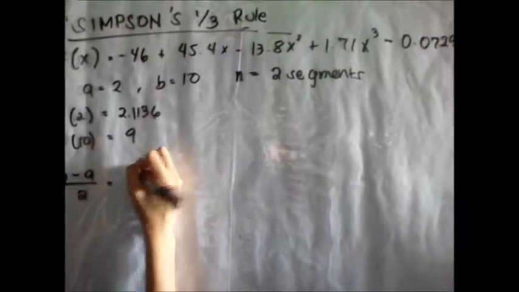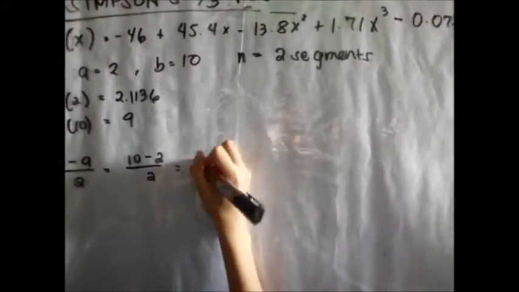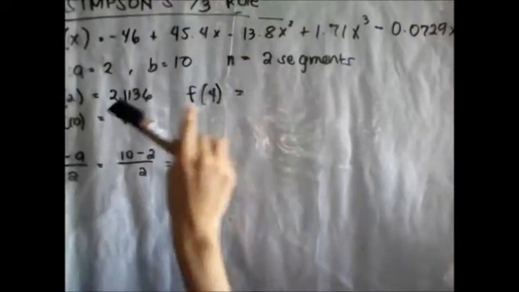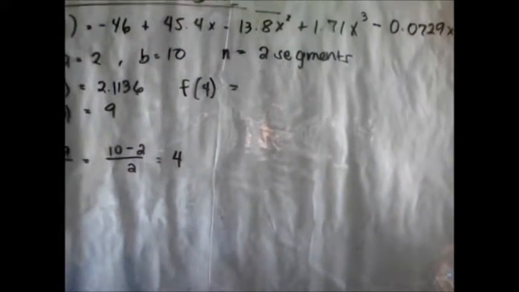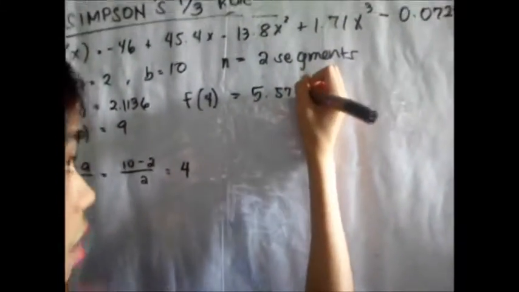We have 10 minus 2 all over 2, so we have the value of 4. We need to find the value of f of 4. Again, by substituting the 4 into this equation, we have the value of 5.5776.